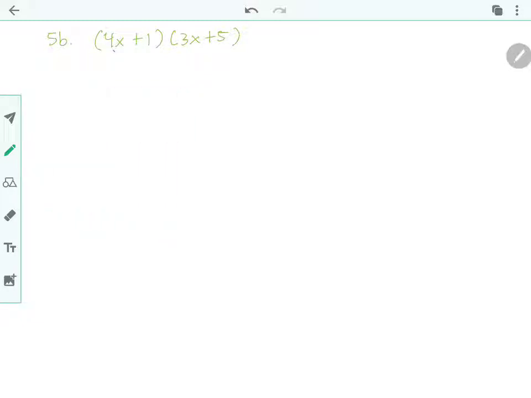So 4x times 3x, 4 times 3 is 12, x times x is x squared. Now 4x times 5, 4 times 5 is 20, so plus 20x. So 1 times 3x equals plus 3x. Then 1 times 5 equals 5.